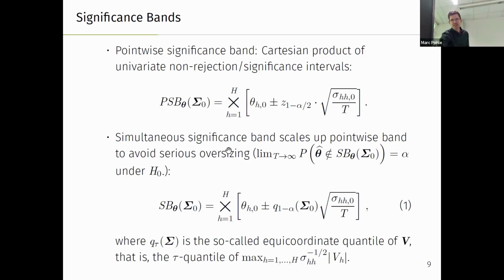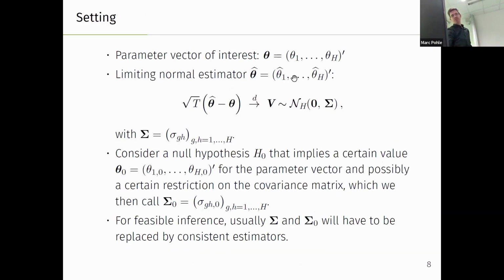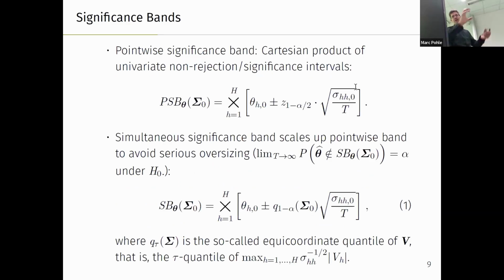It has undercoverage because it's not simultaneous. So the simultaneous band simply scales up this factor, this standard normal quantile, and makes the band wider appropriately, so that the undercoverage is removed, so that the whole theta hat vector falls into the band with probability 1 minus alpha, or falls out of the band with probability alpha. The only thing one has to do is to replace the standard normal quantile z by an appropriate scaling factor.